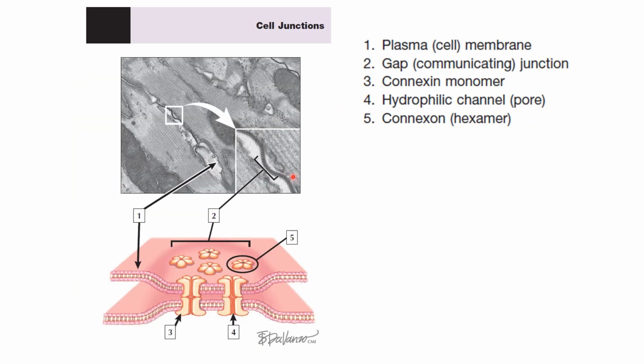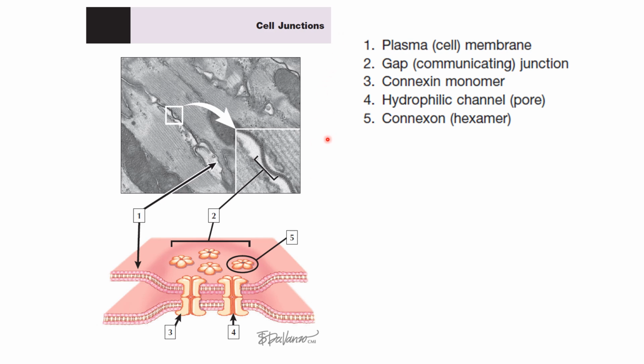What follows is an electron micrograph of a gap junction in cardiac or heart muscle at low and high magnification, and below it is a schematic of a gap junction.